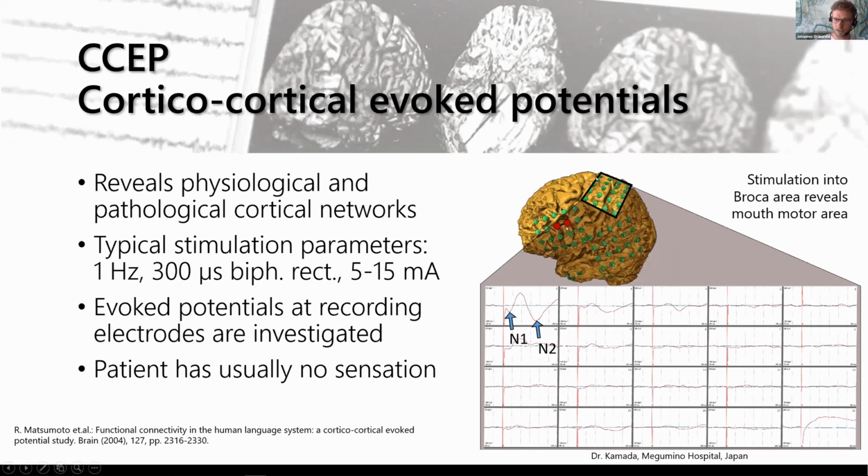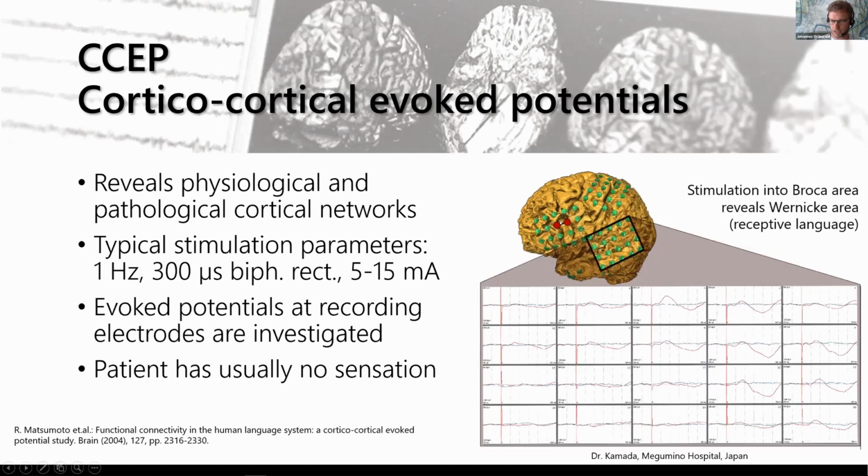So with this procedure, we have actually identified part of the language network. And also on the temporal lobe, we can see evoked potentials at Wernicke's area, which is the receptive language area. This is actually quite impressive, because just with one stimulation protocol, with one stimulation experiment, we have revealed the whole language network of the patient. And the very good thing here is also that the patient usually has no sensation at all, so it's just passive.